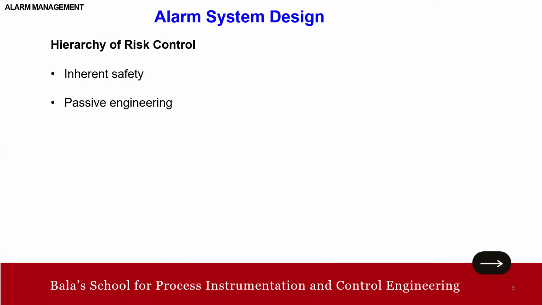Passive engineering, in the sense, design and build plant to withstand the maximum possible range of operating conditions, meaning process excursion will not lead to loss of containment, and alarms are not required. So we have to take care of the engineering side, passive engineering.